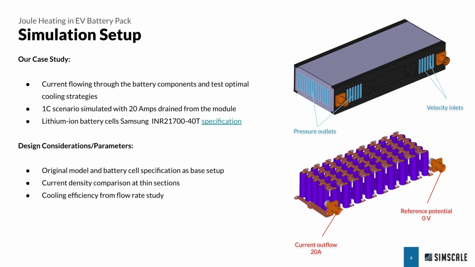After simulating the original model as the base setup, we would like to observe how the design changes, especially at the thin sections. So I started with very thin bus bars, and then since it was lacking some uniformity, I increased the bus bars a bit, and we'll check the results very soon.